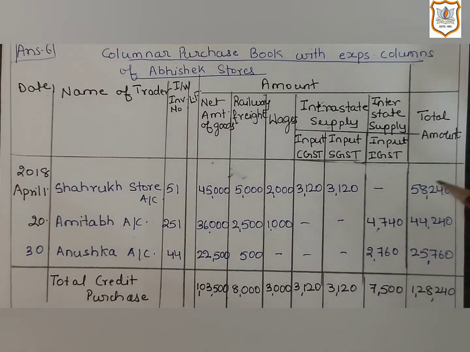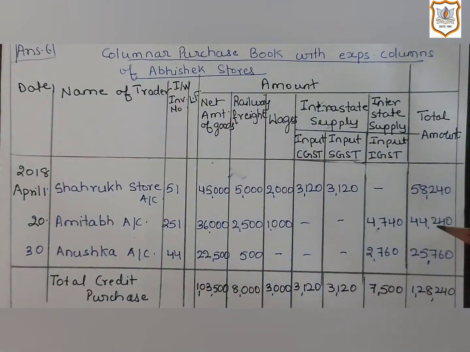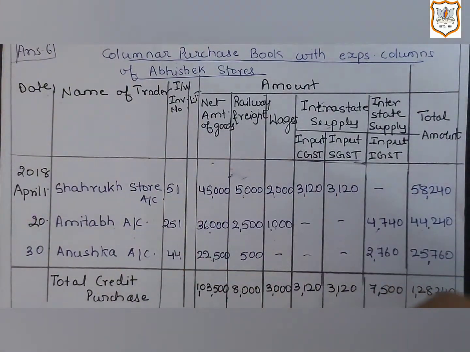That means we have to pay 58,240 total to Shahrukh store. Then we have to pay total 44,240 to Amitabh. Then 25,760 to Anushka. And our total credit purchase is 1,28,240.